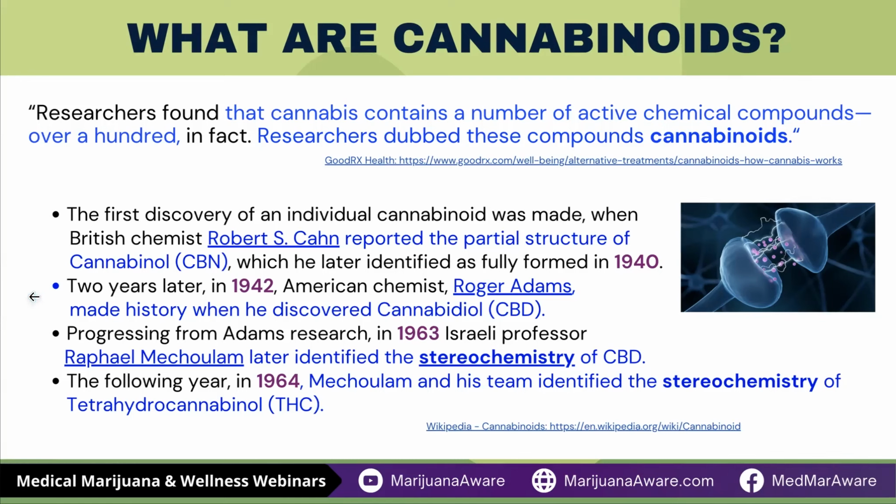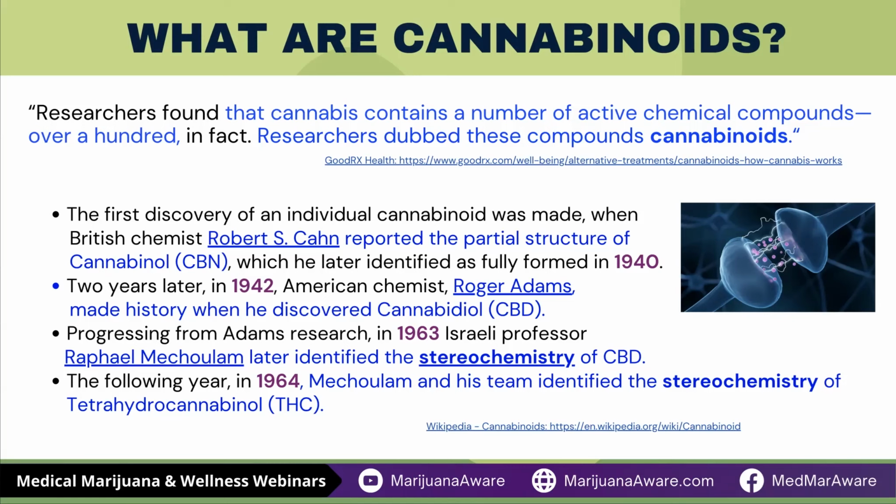Then we go to 1963 with Israeli professor Raphael Mechoulam. He discovered the actual structure of CBD. So that's what stereochemistry is. It's just the actual physical structure of it. And then a year later, they identified the stereochemistry of the THC molecule. So they're just building on the research that has already been done.